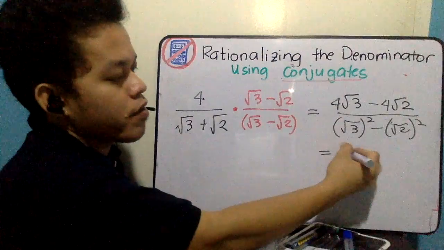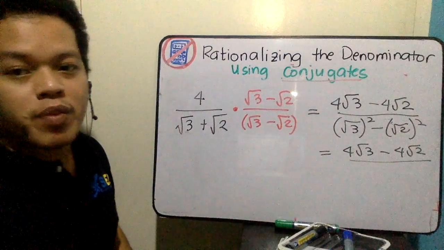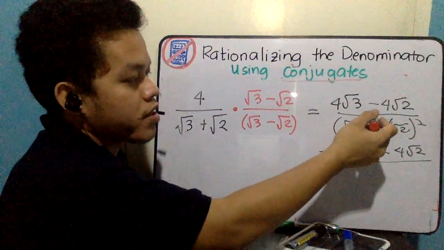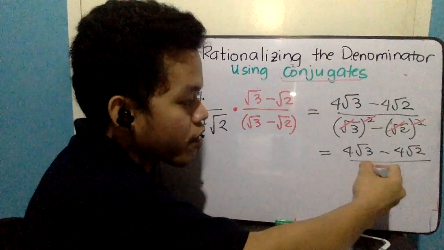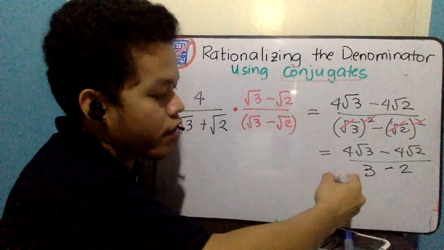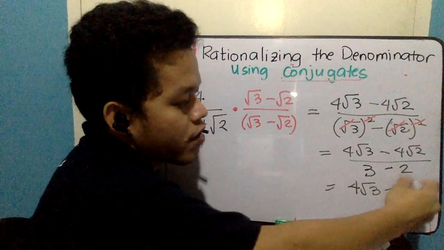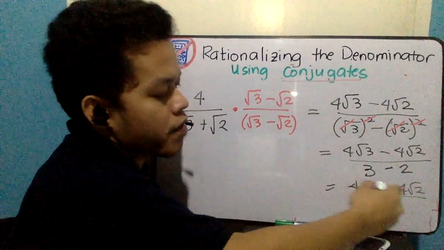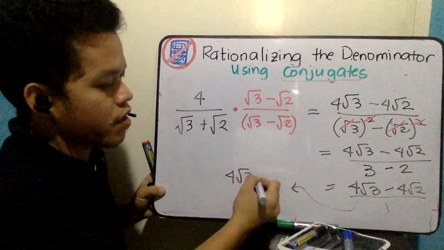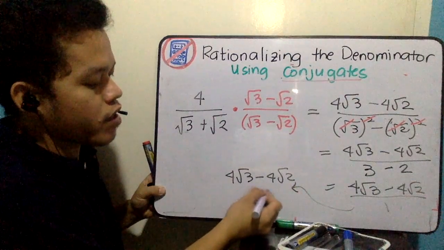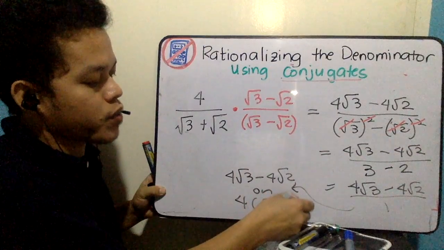We can cancel this out, and that will give you 3 minus 2, which is equal to 1. So your answer is just 4 square root of 3 minus 4 square root of 2, because if this is all over 1, then your final answer is 4 square root of 3 minus 4 square root of 2. Or you can write 4 times square root of 3 minus square root of 2.